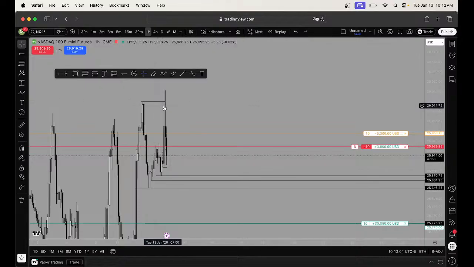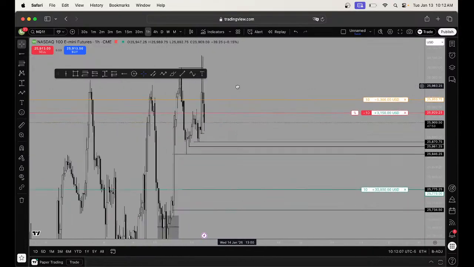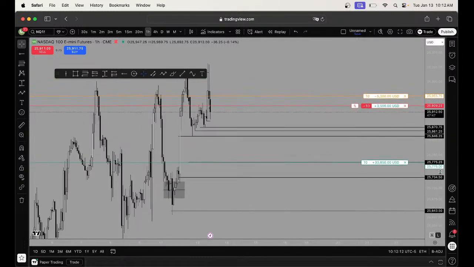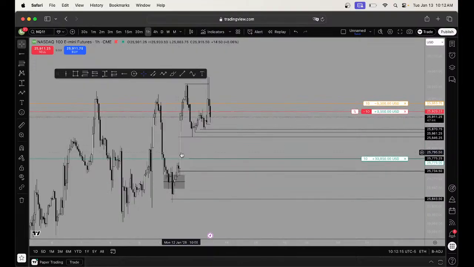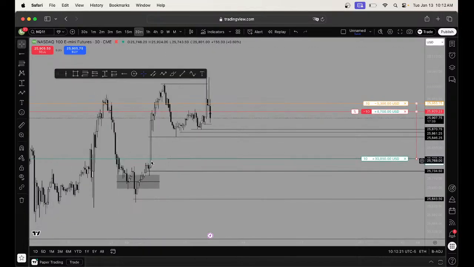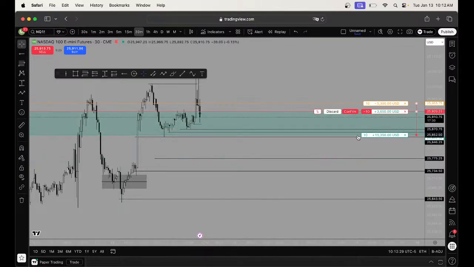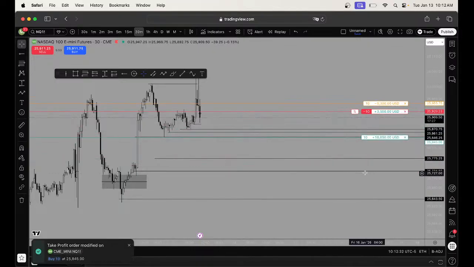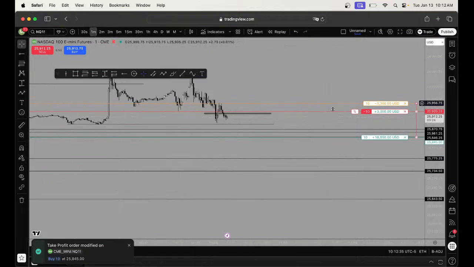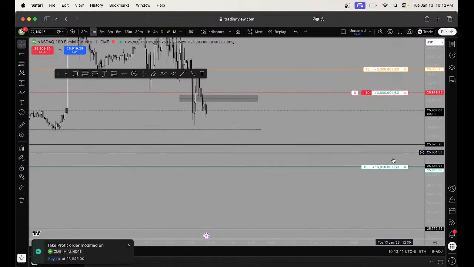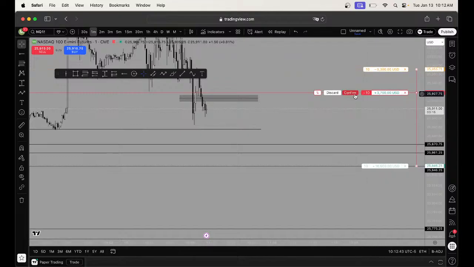Look, swept this high, left two rejection wicks. At the 930, we kind of see a small wick, but on the 1 minute, I see no wick whatsoever. But I guess I gotta take my piece of the pie.